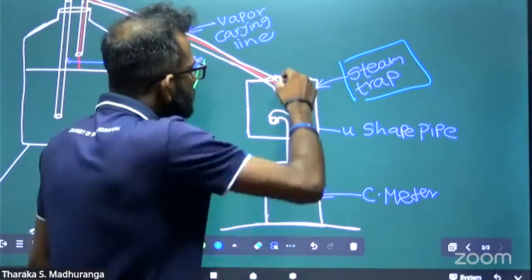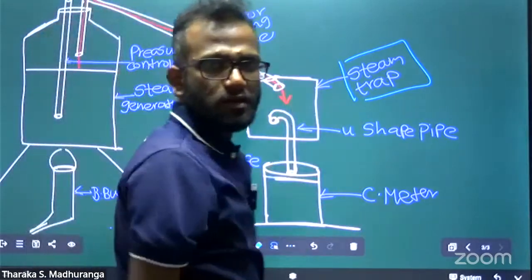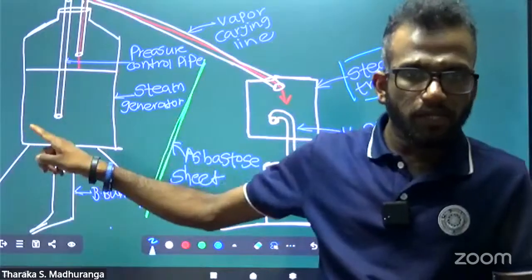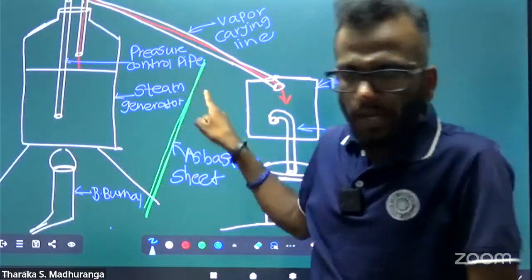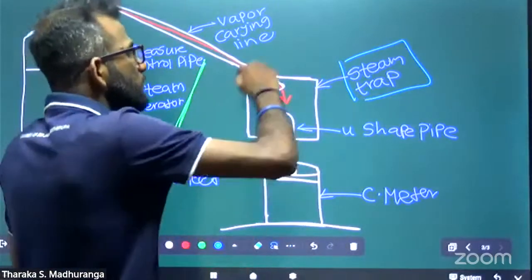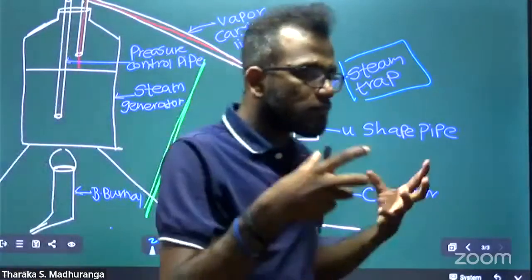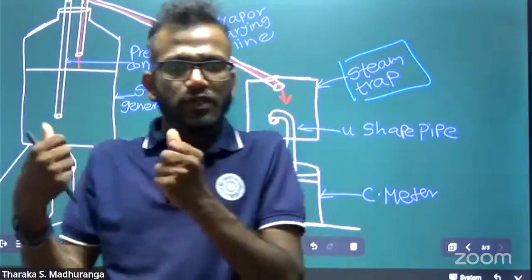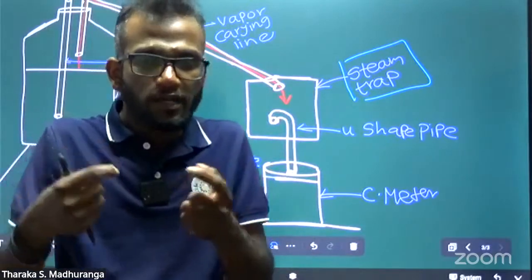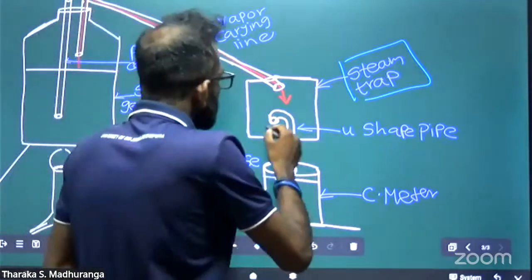Okay, now you can see the steam generated in the steam generator comes through the steam transferring line and comes to the steam trap. In the steam trap, if any part of the water vapor converts back into water while transferring through this line due to condensation, then we can stop it.